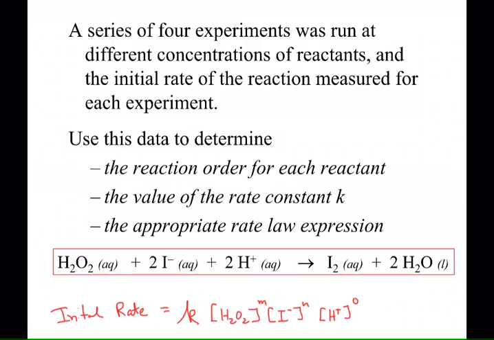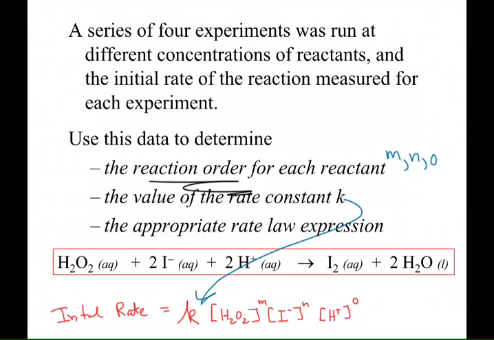So we're supposed to use the data on the next page to come up with some things. And those things right here where it says the reaction order for each reactant, guess what? That is our M, N, O. The value of the rate law constant, well, that's right there.